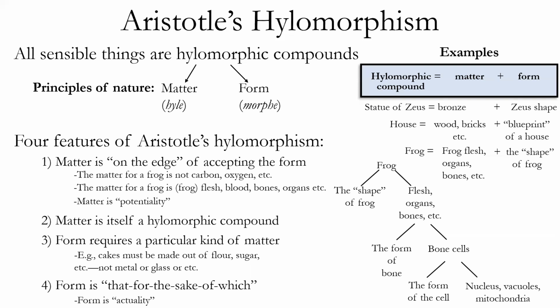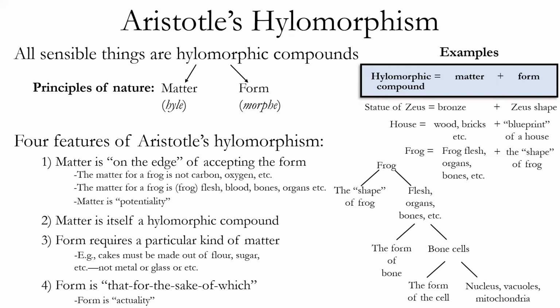They are trying to actualize the form in these materials. That's the purpose. That's the goal. That's what Aristotle means by that for the sake of which, the goal, the purpose. And so form is the goal or purpose of things. It is the actuality of things.